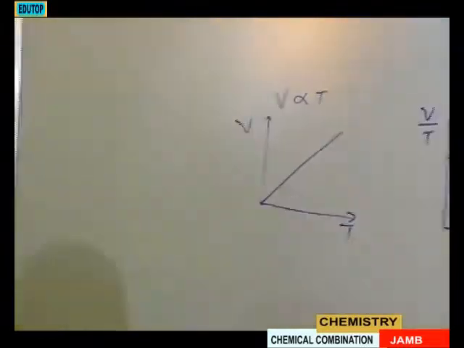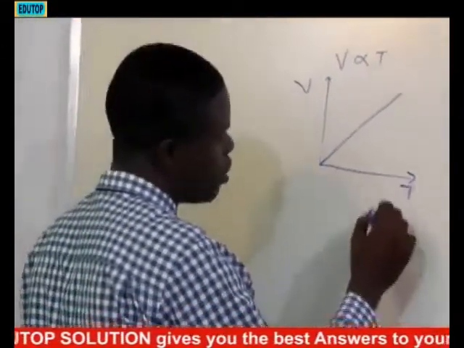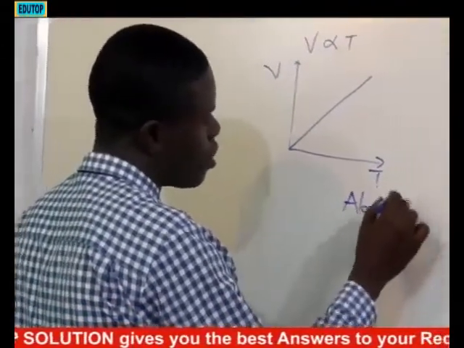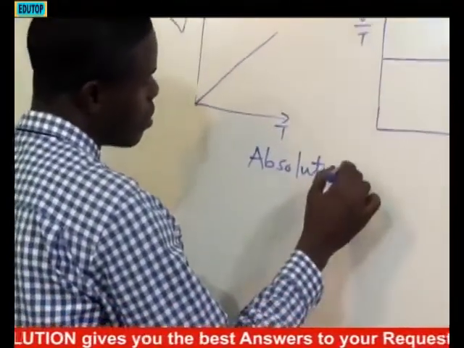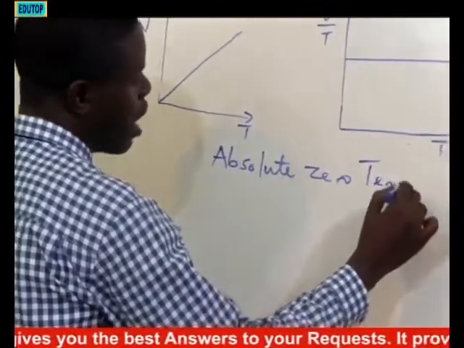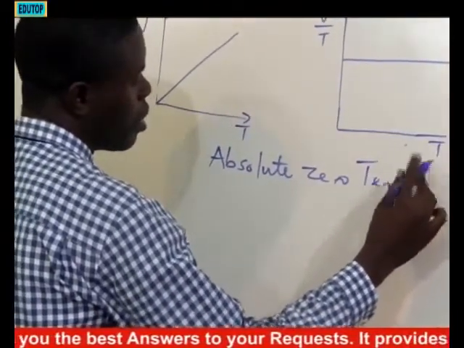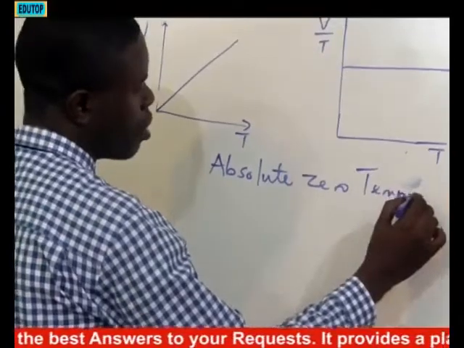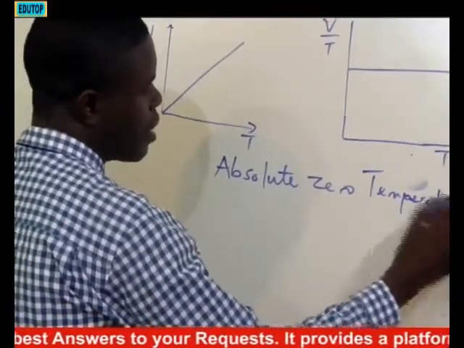And the next thing we need to talk about is what they call absolute zero temperature, which has a graph of this kind.